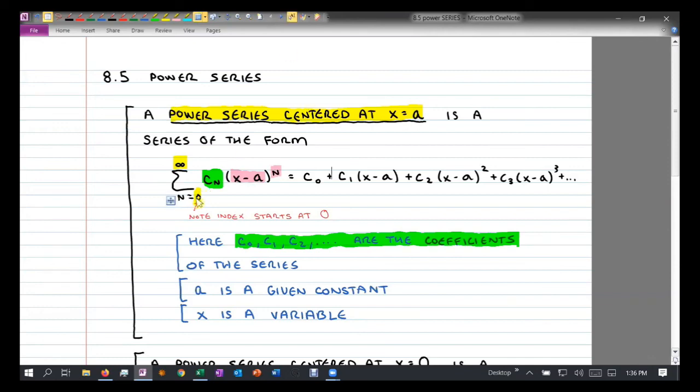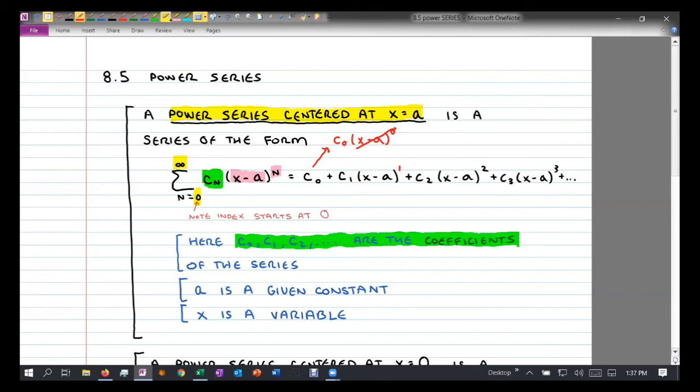If you plug in n equals 0, you would get this first term, c sub 0 times (x minus a) to the 0, but (x minus a) to the 0 is 1. So you just get c sub 0. If I plug in 1, I get c sub 1 times (x minus a) to the first power. There's really a first power here; I don't need to write it. And then you plug in 2, and then 3, and so on.